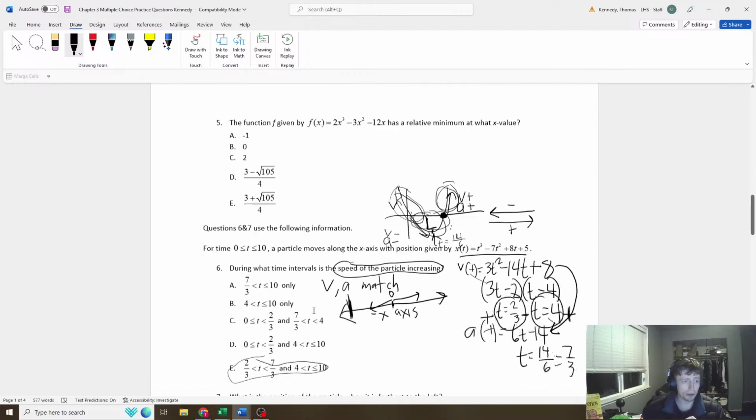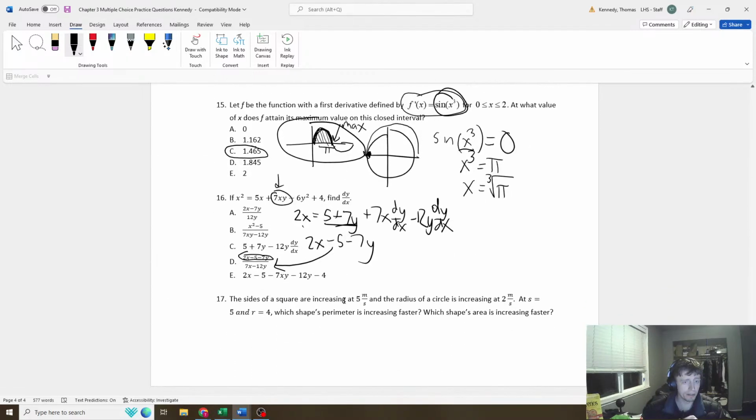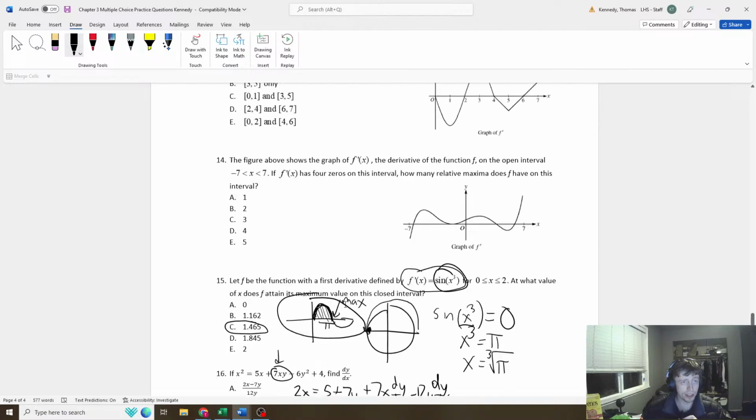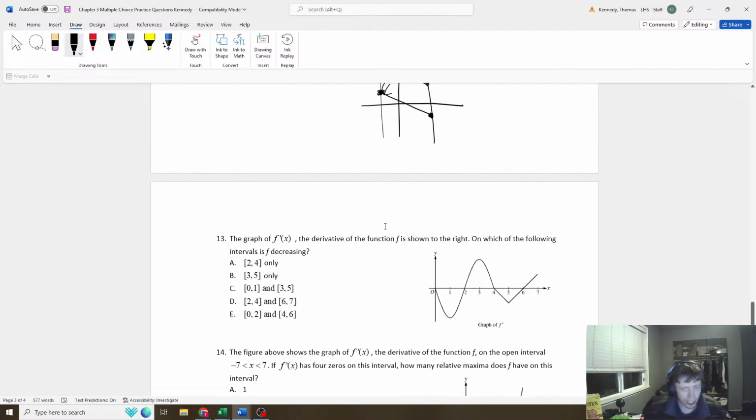Optimization, which I guess would be 17. Is 17 optimization? No, that's related rates. So I should do an optimization question. That came up, so let me see if I can find something nice on the internet. Optimization calculus sheet. First Google link.